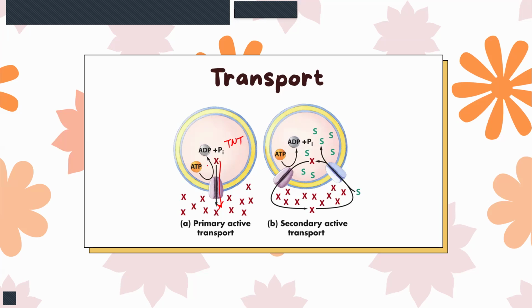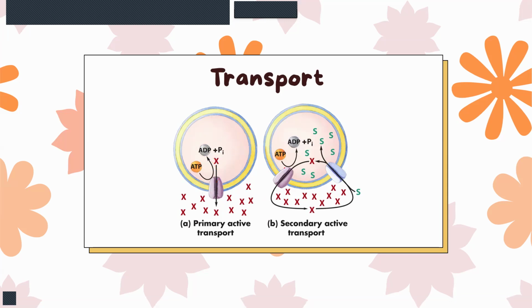Whether X is an ion, okay, cool. If X is an uncharged molecule, doesn't matter. Either way, it's either chemically unfavorable or electrochemically unfavorable. You need this ATP hydrolysis in order to get it to actually move across the membrane.